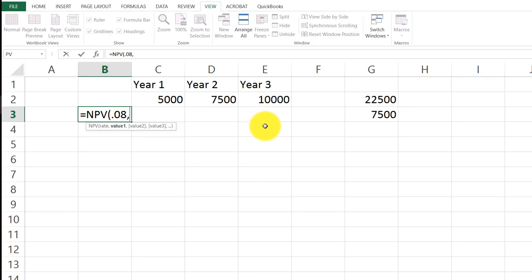Well, the net present value formula assumes end of year payments. So what we need to do is highlight these two, because this is the beginning of year 2 or the end of year 1. This is the beginning of year 3 or the end of year 2.